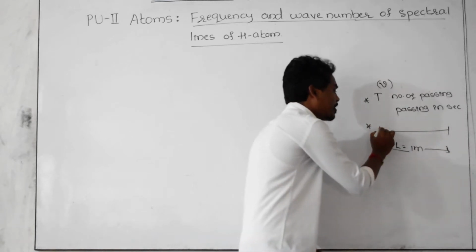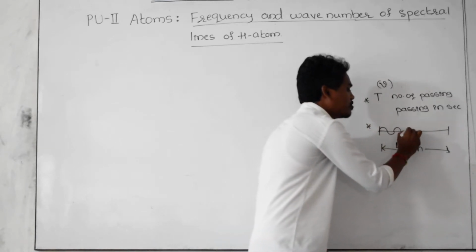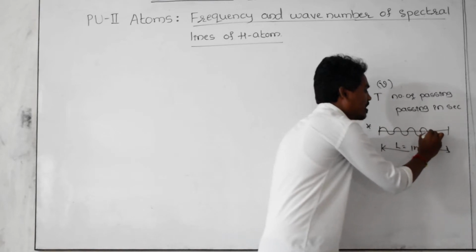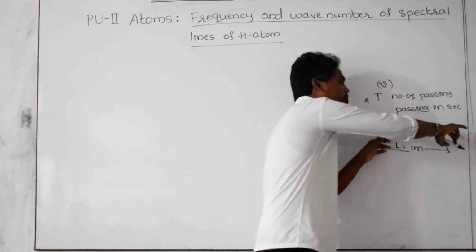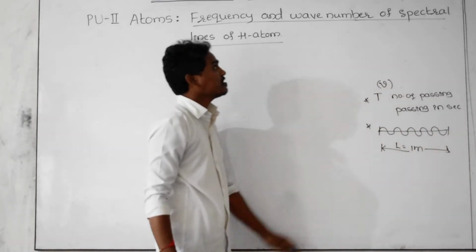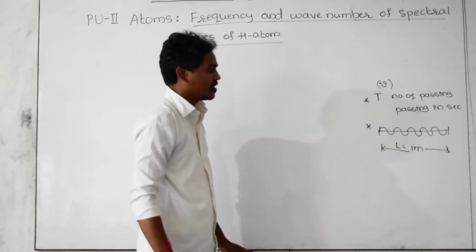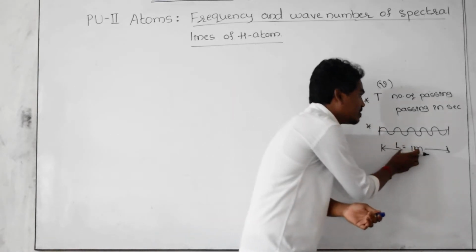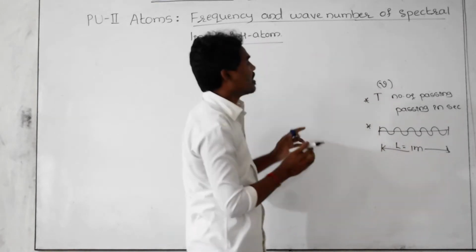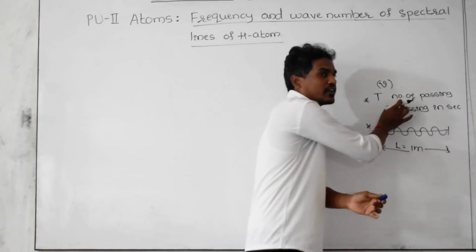The number of the waves present or passing through the medium in 1 meter of length, those waves are called wave number. The wave number indicates the number of the waves with respect to length, and frequency indicates the number of the waves with respect to time.